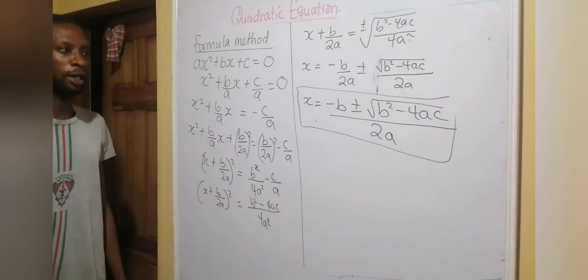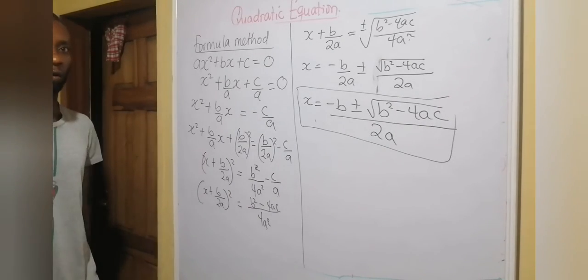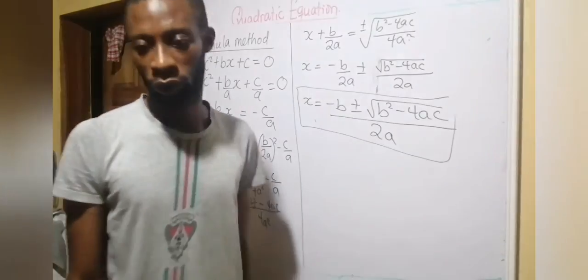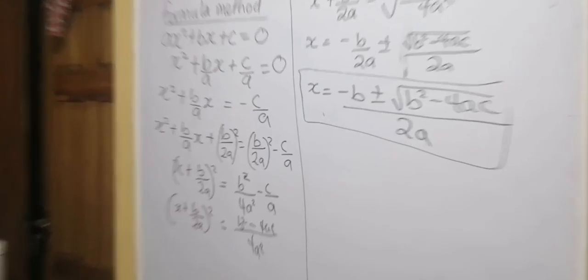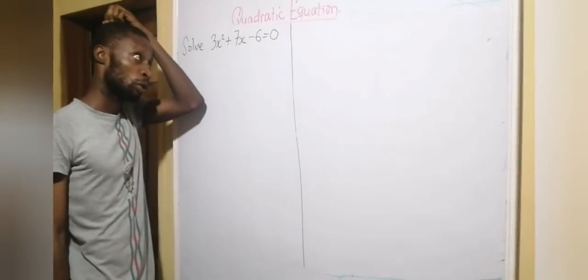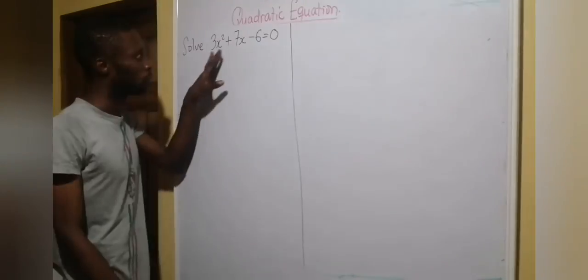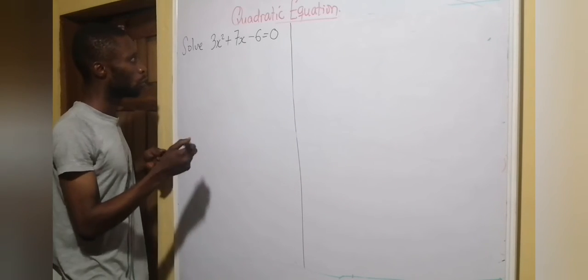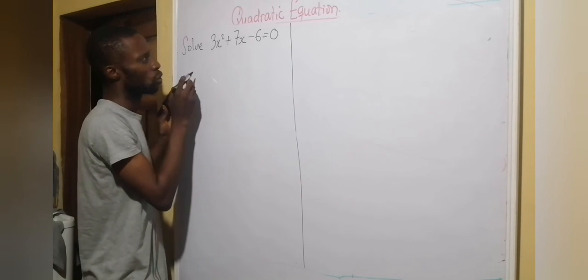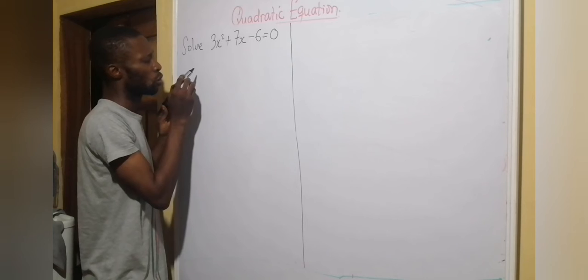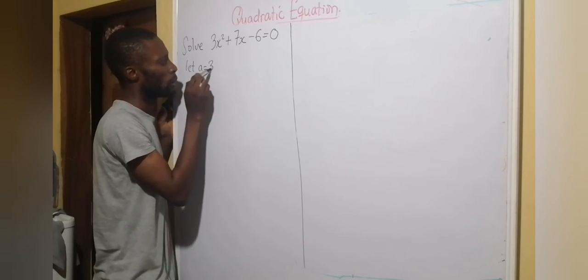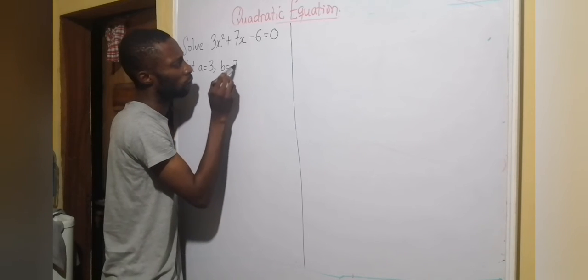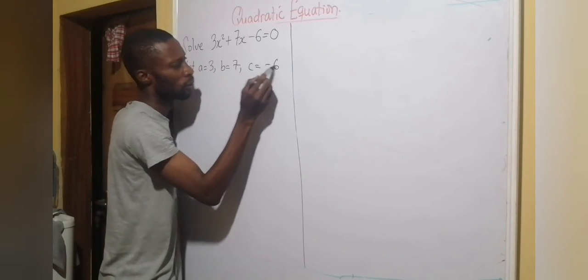So let's look at an example of how we can use this method to solve. Using the formula method, so we want to use the formula method to solve this. We have 3x squared plus 7x minus 6 equals 0. So I'll say let a be equal to 3, b be equal to 7, and c be equal to minus 6.